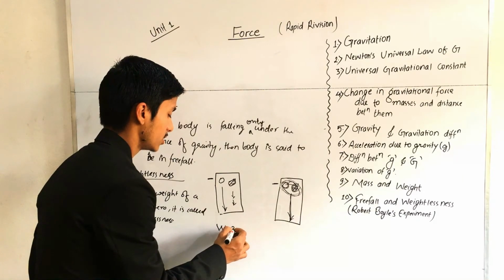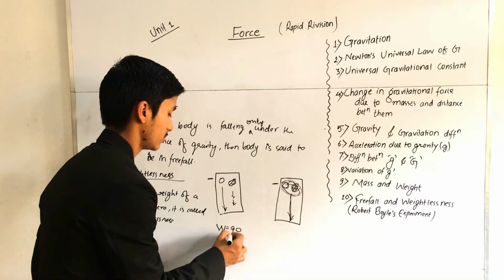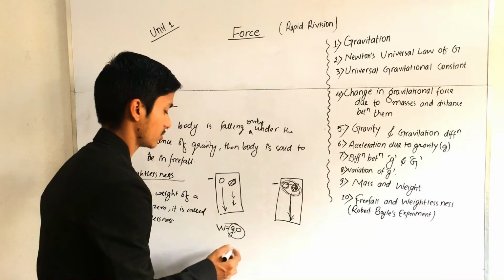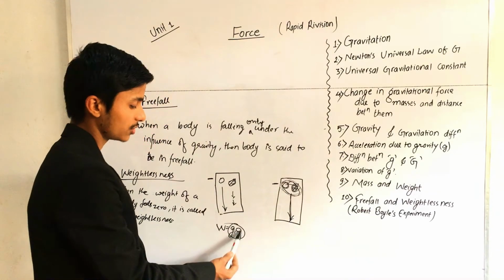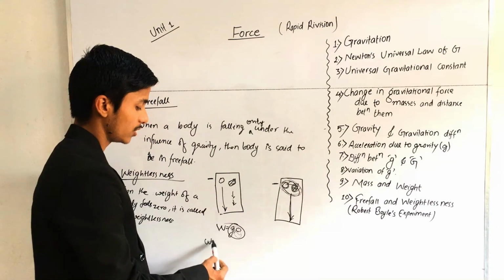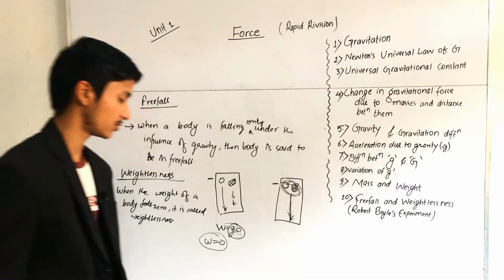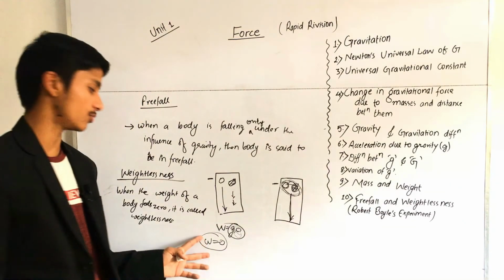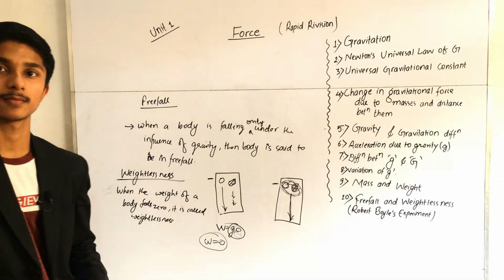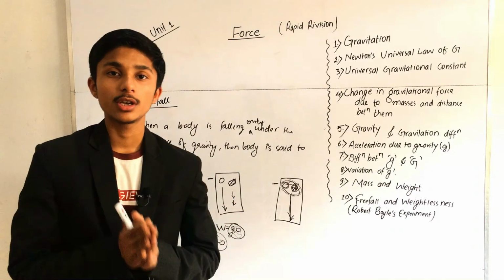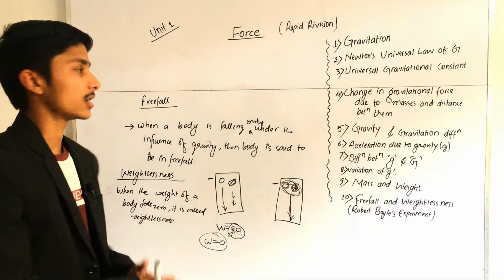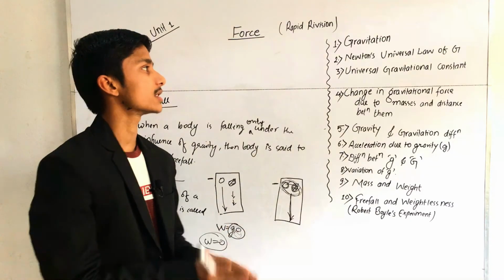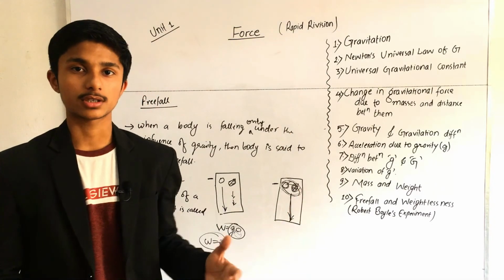Because g is equal to 0. So when g is equal to 0, W will be 0, and this condition is said to be weightlessness. Our lecture ends here, and in this lecture we have discussed these 10 topics.